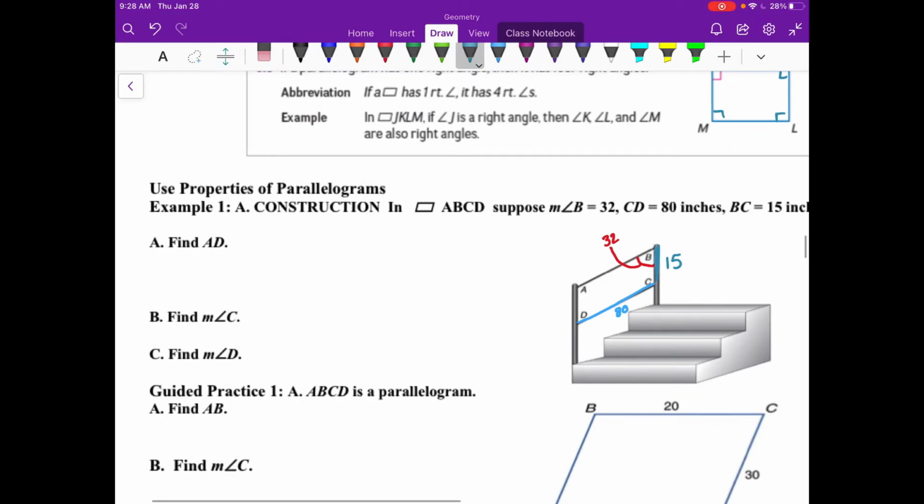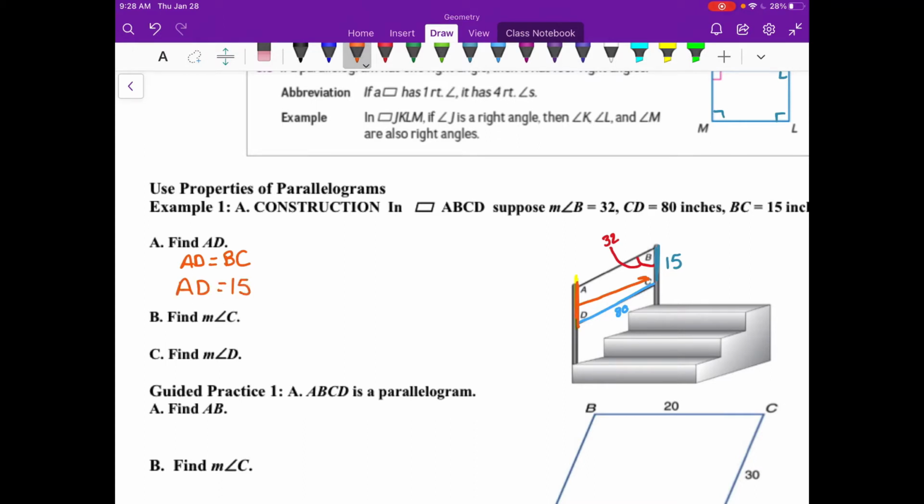For A, we need to find AD. AD is this length right here. AD, remember, is an opposite side from BC, which means those are the same. So AD is equal to BC, because that's a parallelogram. And since BC is 15, then AD is also 15.